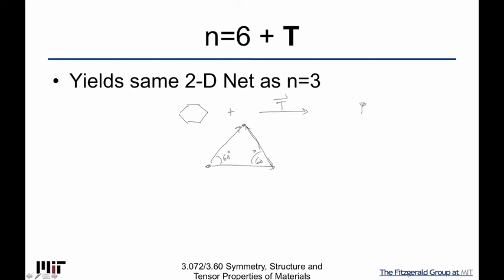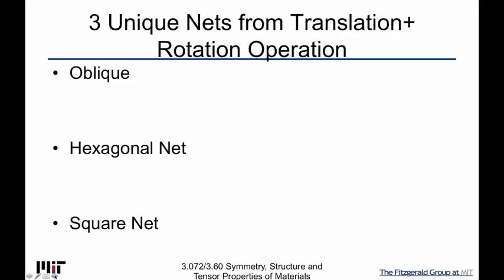Remember, that solution was p equals 0. And of course, if I look at the symmetry of this compared to that other one, then the very next one in both of these directions produces the same pattern. Remember how we had 2p, which was two translation vectors when we did 120 degrees. You get the same pattern. So you get the same 2D net as a 3D, so that there's no unique solution there.